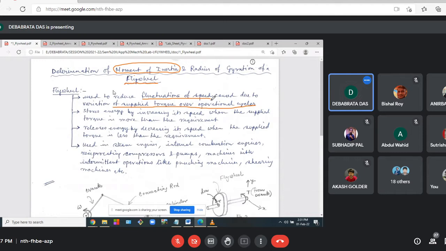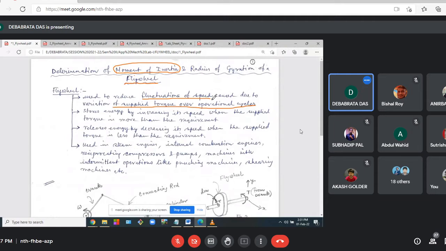Most machines operate on cycles. In each cycle there is a source of power or energy from which torque is applied on the machine.